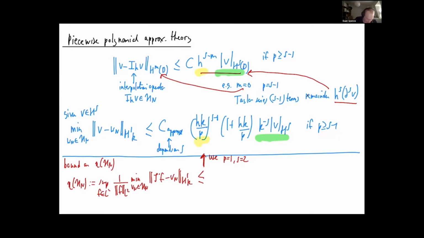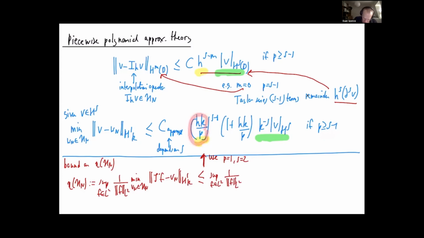So we're going to apply this. We've still got our sup over f in L2. What do you want on the right hand side of the previous inequality? Is it H^s_k or H^s only? Sorry, so this is hk to the s over p to the s minus 1, times the norm of phi on the right hand side.